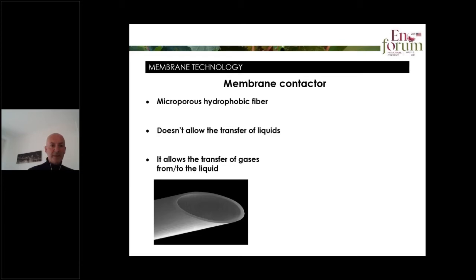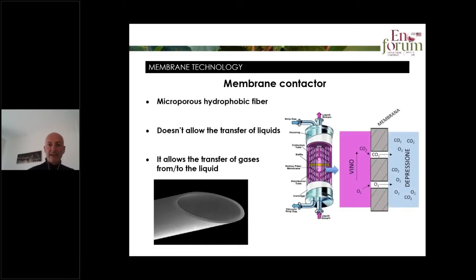It is a microporous hydrophobic fiber. It does not allow the transfer of liquids, but it does allow the transfer of gases from and to the liquid, so we can add or eliminate gases. Schematically, here you see a picture that shows the way it works. On one side of the membrane, we have the wine flowing.